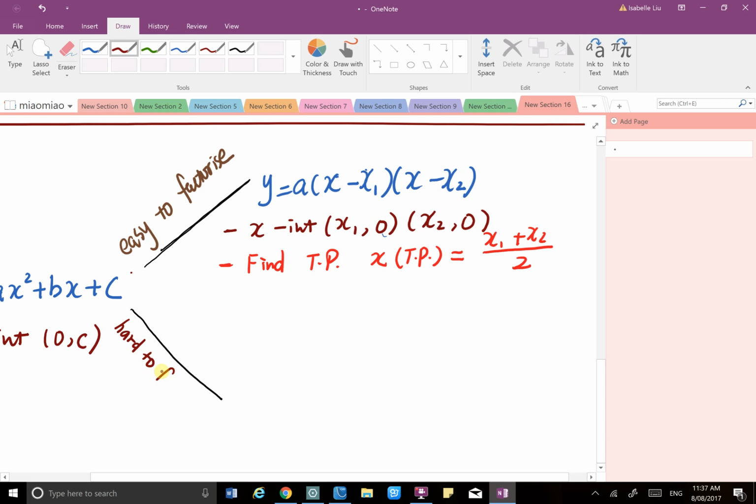if it's hard to factorize, I can go for two things. The first one is use x equals minus b plus or minus the square root of b squared minus 4ac, over 2a, the quadratic formula.